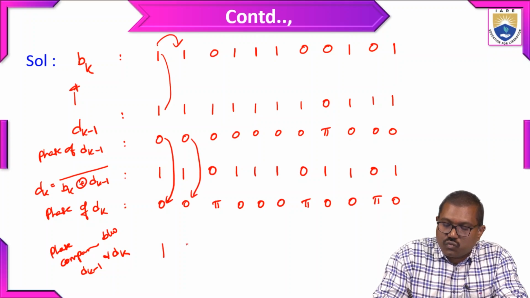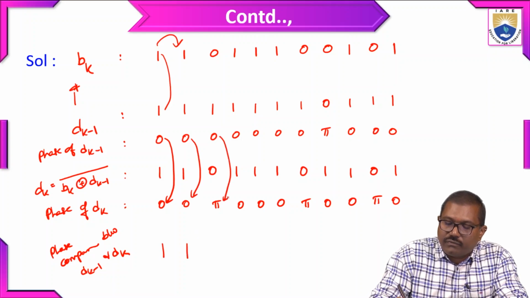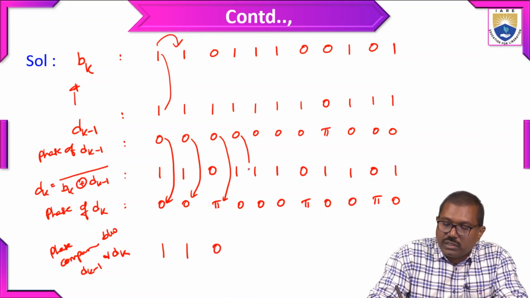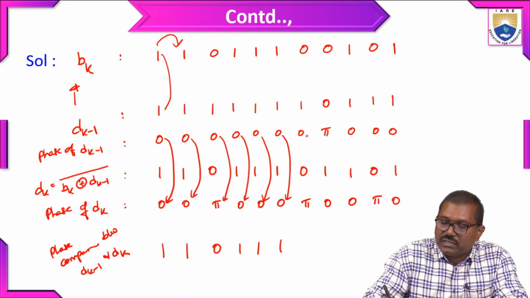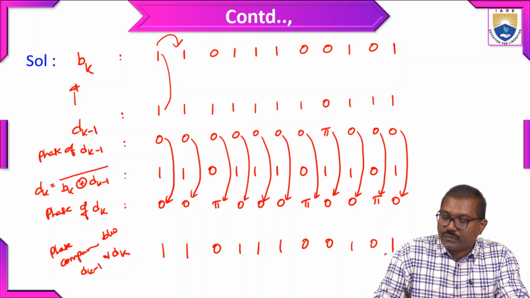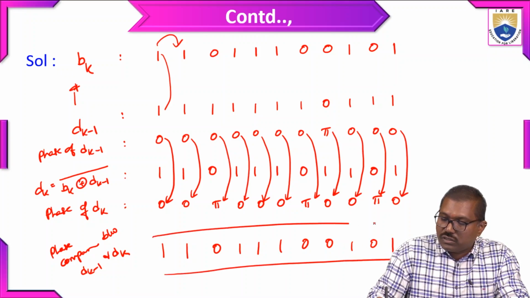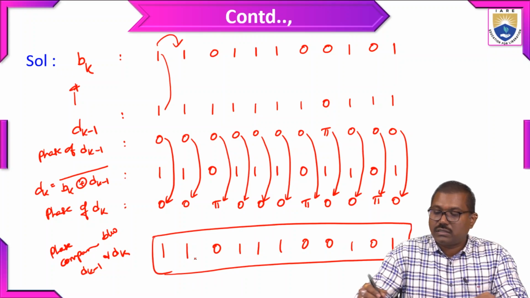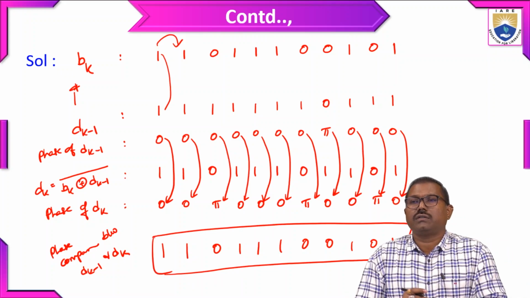Again no phase change, 1. Here the phase is changed, 0. Then no phase change, no phase change, no phase change again. Here phase change, 0. Again phase change, 0. Again no phase change, 1. Phase change, 0. No phase change, 1. So once you check, you get a similar sequence.